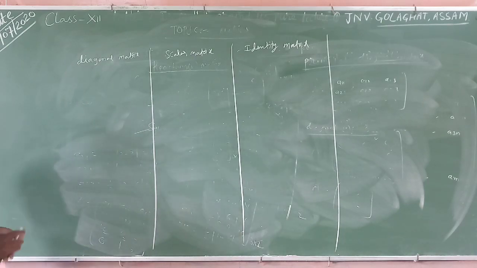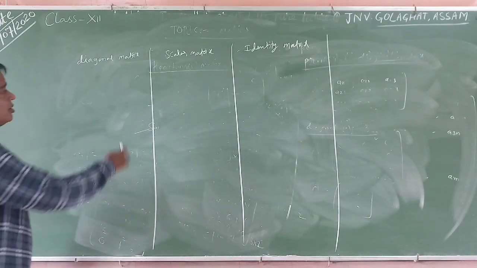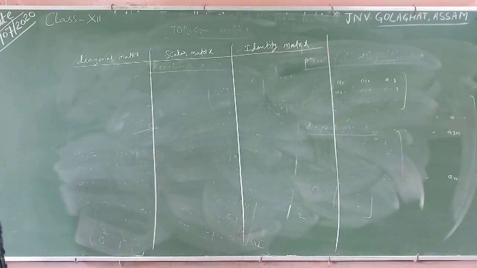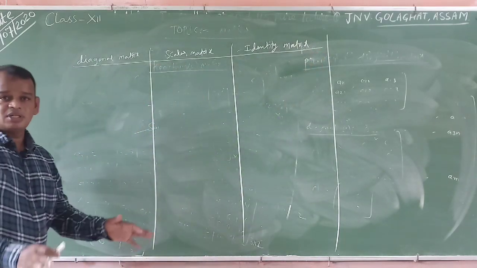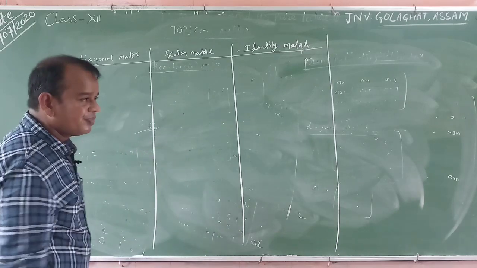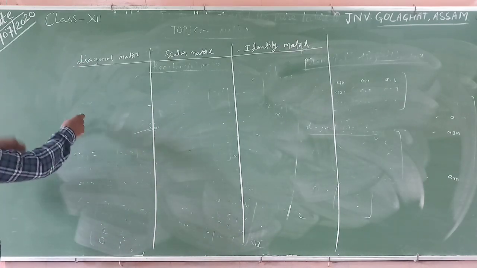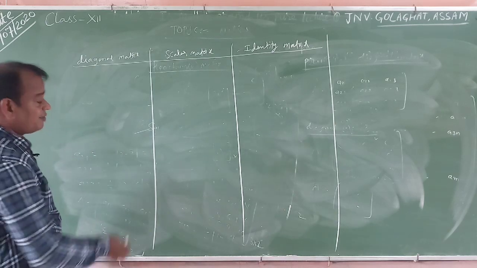Diagonal matrix, scalar matrix, identity matrix. What is the difference between these three? Those three matrices must be square matrices only. Now we can take examples of these matrices. After that, I will explain the definitions.